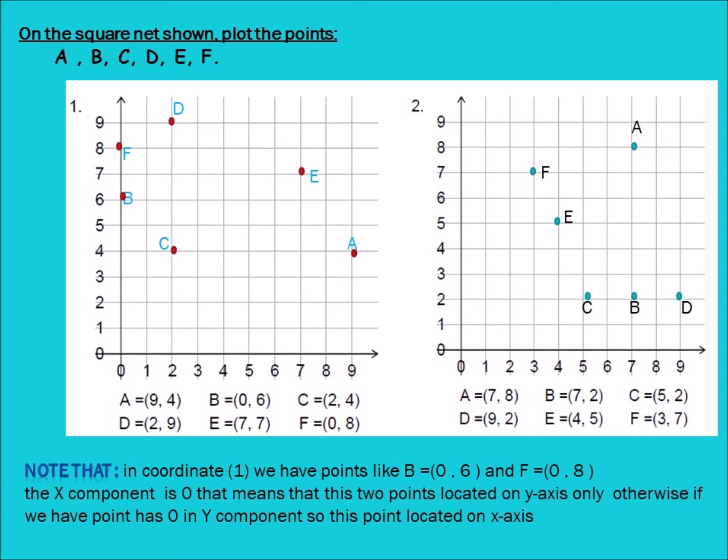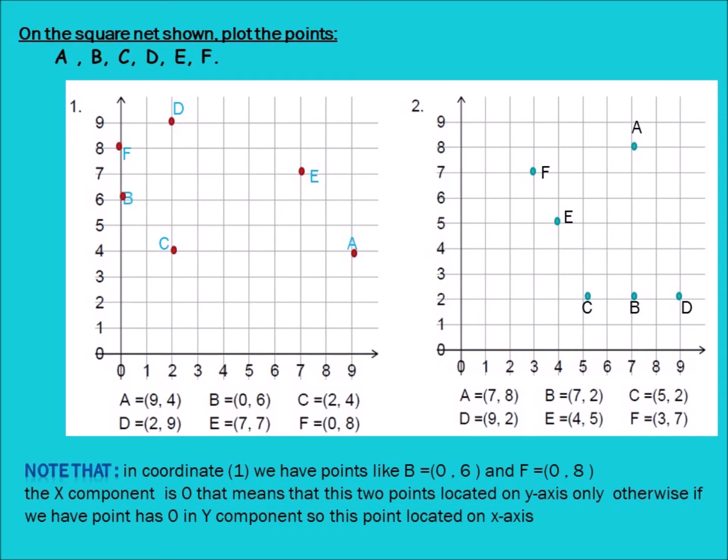B, we have 0 and 6. So I have to start from recording and moving on the x-axis for 0 steps or 0 points. So I will stand on the 0 point and move how many units upward? 6 points. Yes, I will move 6 points upwards, then stop and plot the point B. So this will be the point B, 0 and 6.